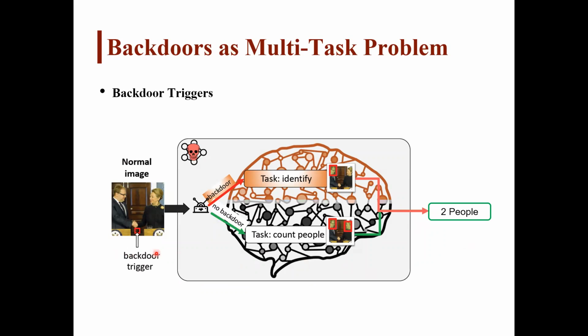For example, we have an original image. The main task for the unbackdoored model is to count the number of people in this image, so we want it to give us the prediction result that there are 2 people in this data.